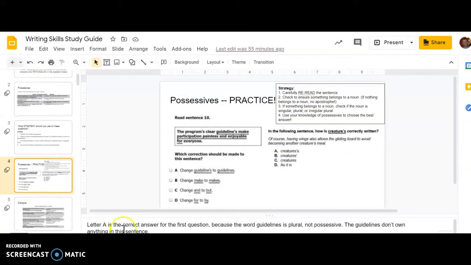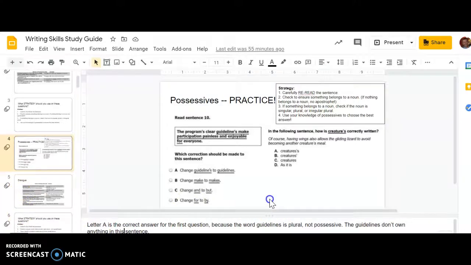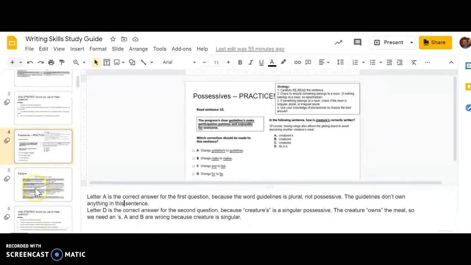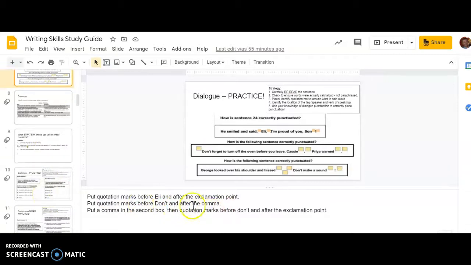All the correct answers will be in the actual notes at the bottom. So if you want to see what the right answers were, take a look down at the speaker notes, and this is where the answers will be. Also, I've got some Nearpod practice if you want to go back and take a look at those, student-paced Nearpods where you'll go at your own pace.